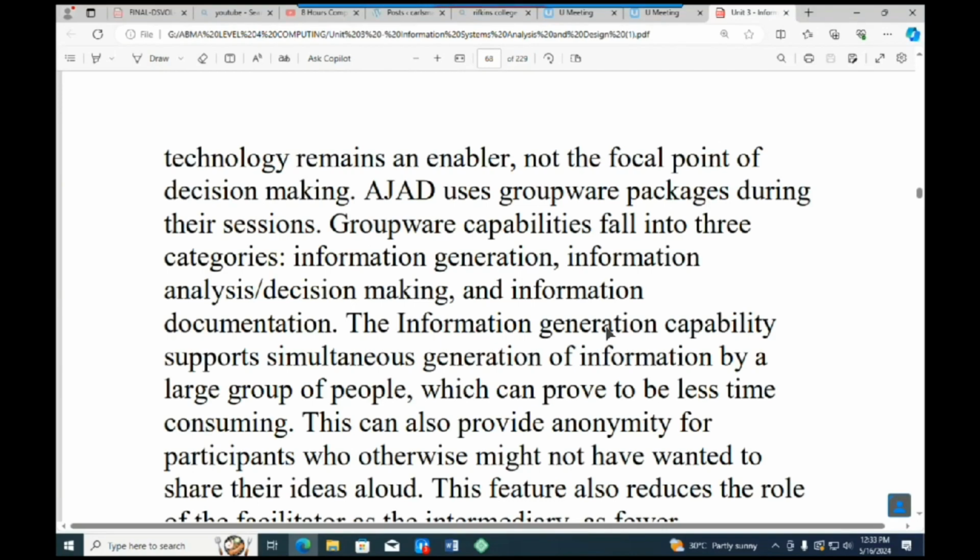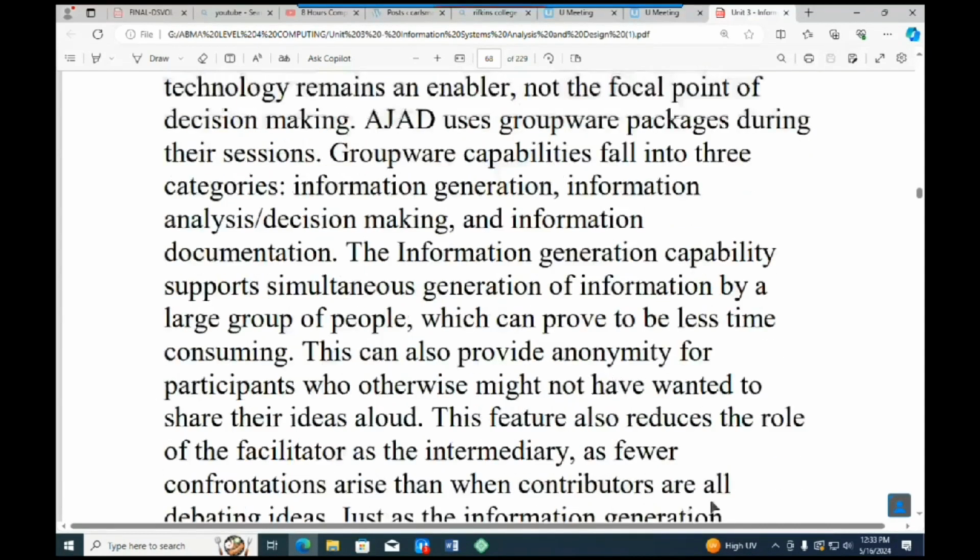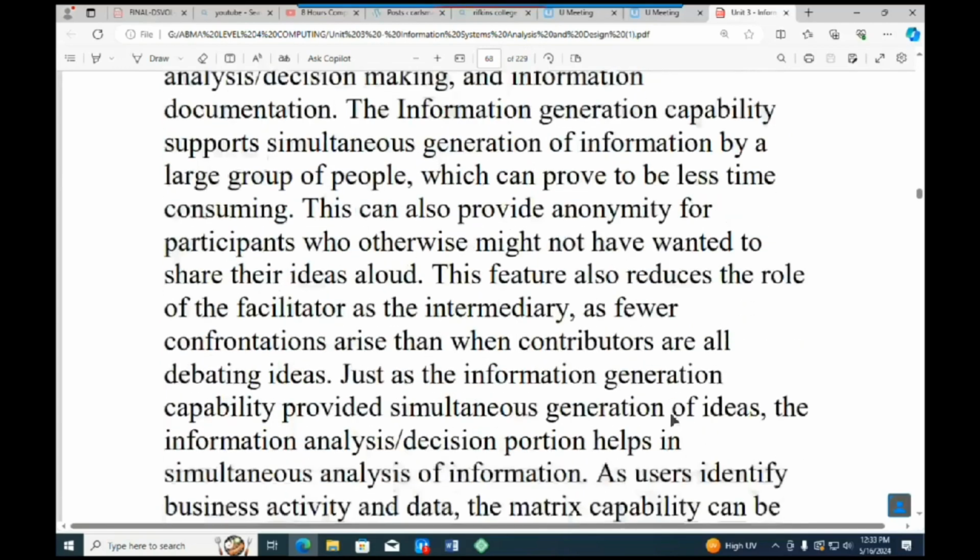So if we look at the information generation capabilities, it actually supports the generation of information by a large group of people. This can prove to be less time consuming. We have information being generated by a large group of people in a short period of time.